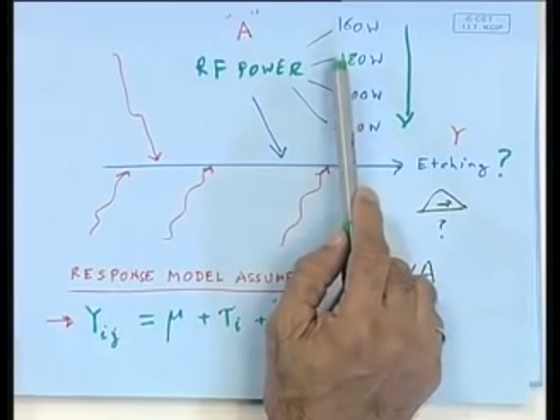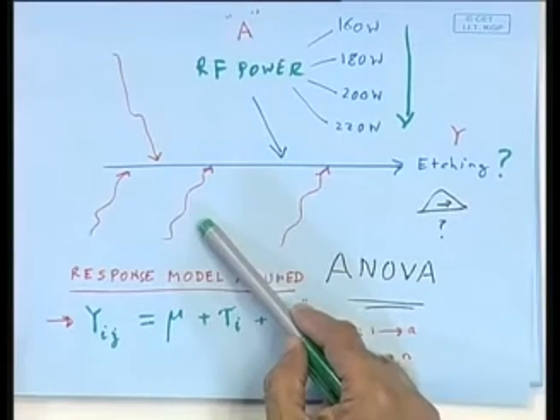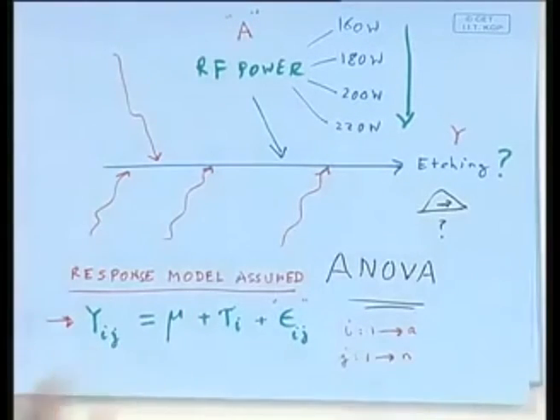And the ratio of the mean sum of squares due to treatment and the mean sum of squares due to errors should be approximately equal to 1. Mean sum of squares due to treatment divided by mean sum of squares due to error. This ratio should be of the order of 1 if the mean sum of squares are not significant.